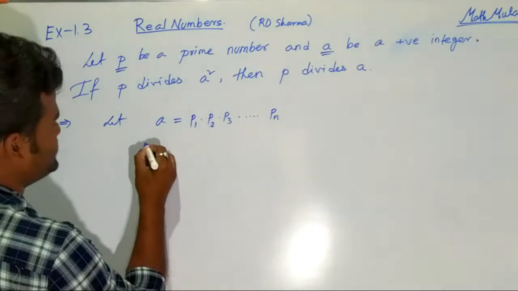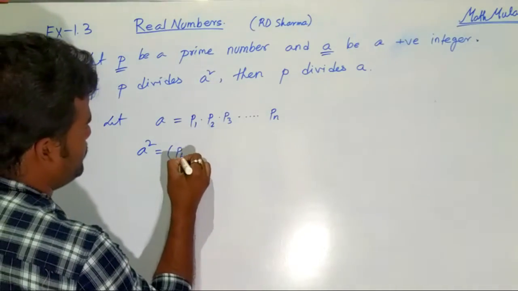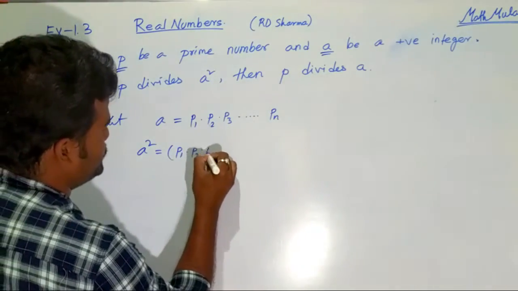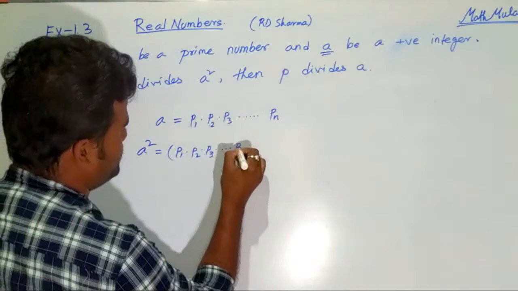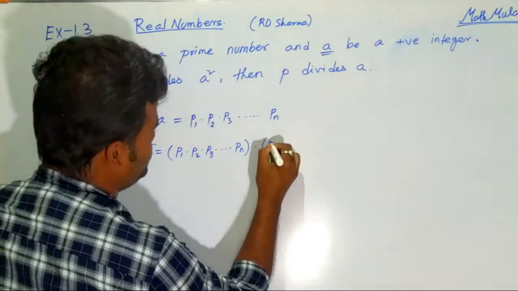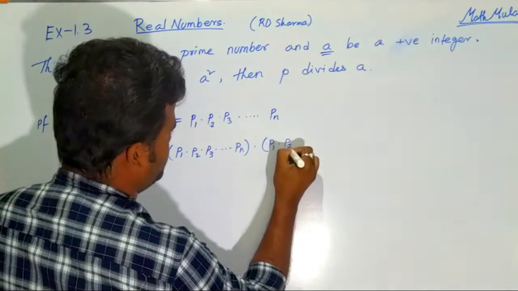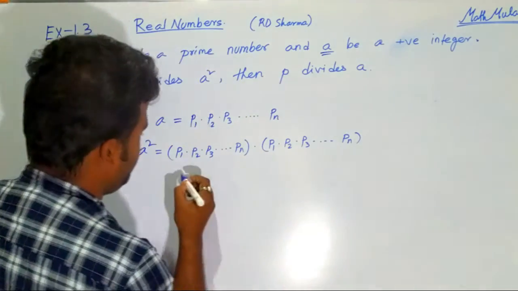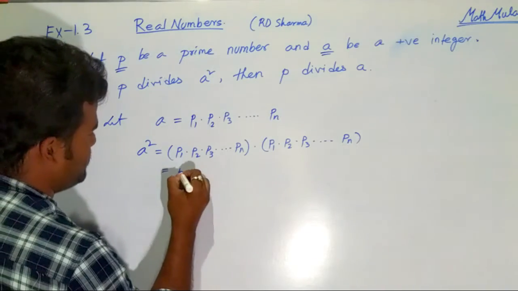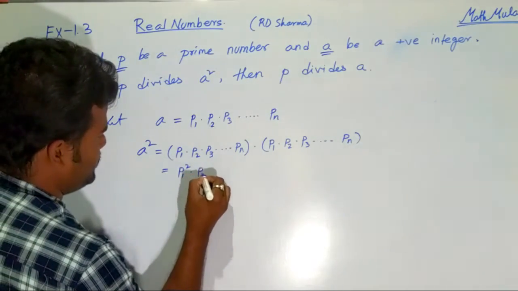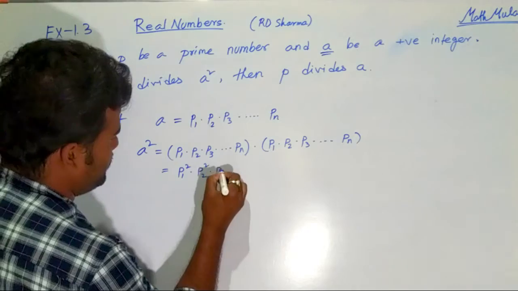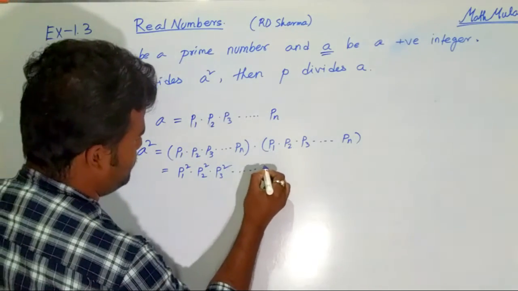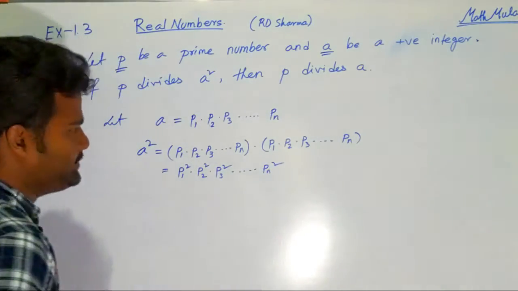Now A square is equal to P1, P2, P3 up to Pn into P1, P2, P3 up to Pn. Now we can write this as P1 square into P2 square into P3 square up to Pn square.